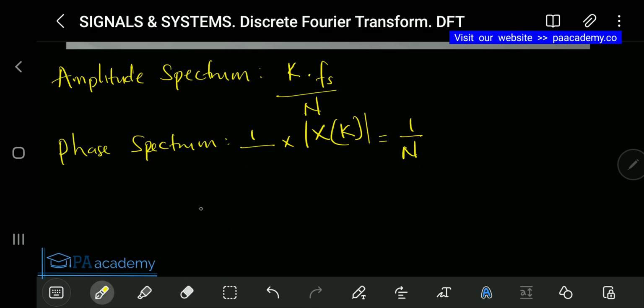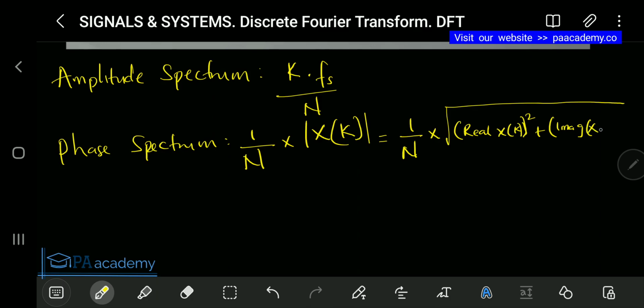Let me just write this properly again: 1 over N multiplied by the square root of the real part of x of k squared plus the imaginary part of x of k, all squared.